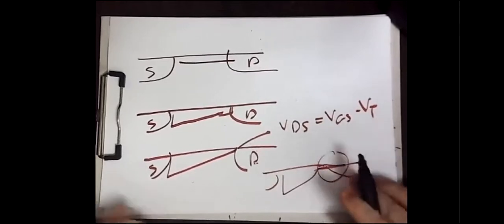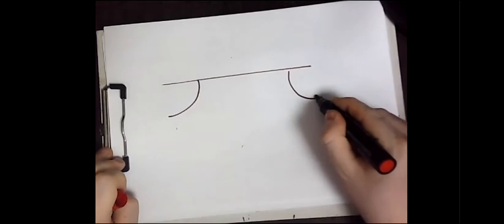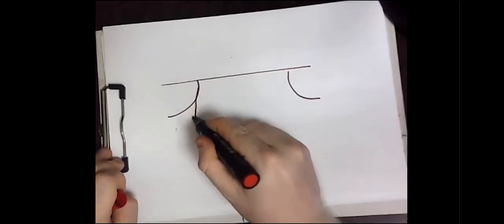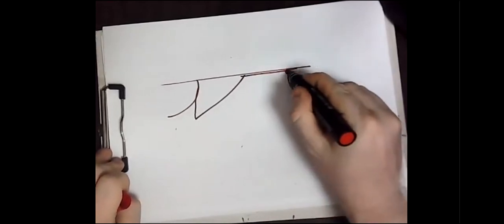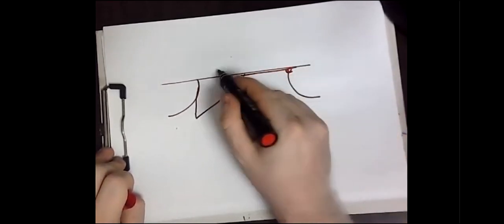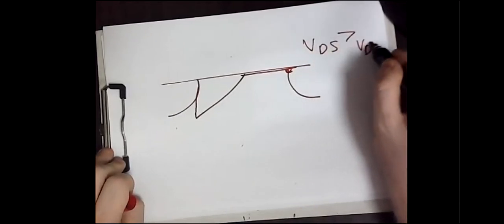Now you have this pinch-off. Let's make it on better paper. So now what's happening is that this pinch-off point starts to move. So now at this point VDS is greater than VDS sat.